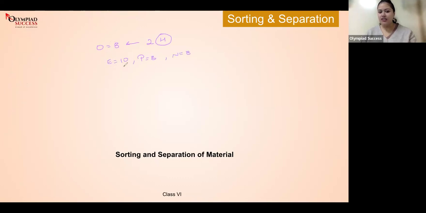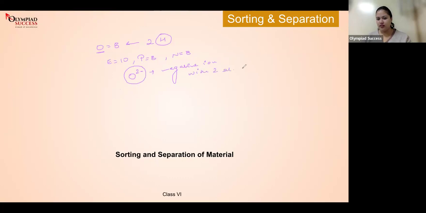So how much is the extra charge on the oxygen atom now? 2 extra charge, right? 2 negative charge. So that's why I'm writing it like this: O, 2 and negative charge. That will indicate that this is a negative ion with 2 electrons extra than the normal.